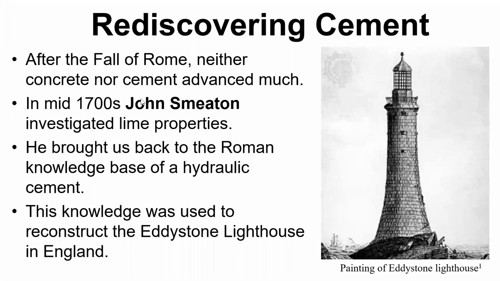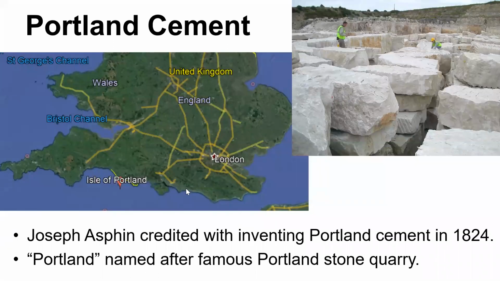Smeaton I don't think did as good of a job with the hydraulic. I think he figured out a lot of that, but he was at the brink of some of that knowledge. Joseph Aspin came in, and he really was a great marketer.